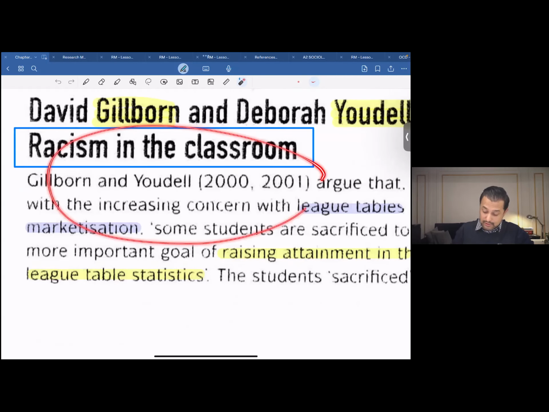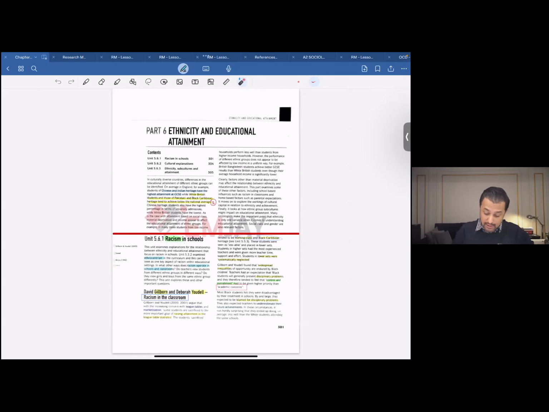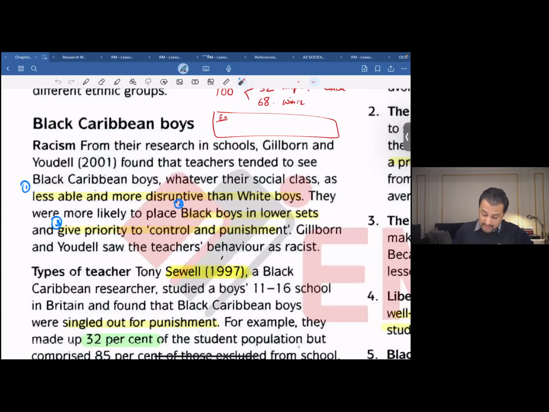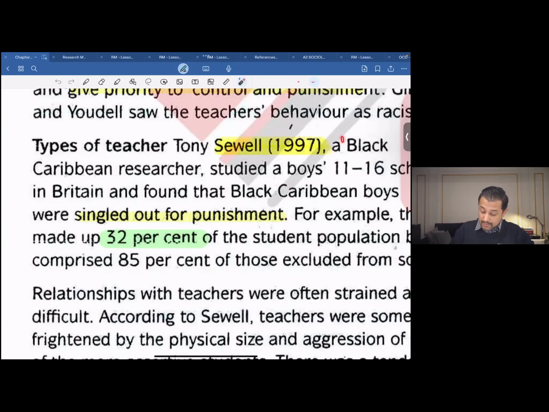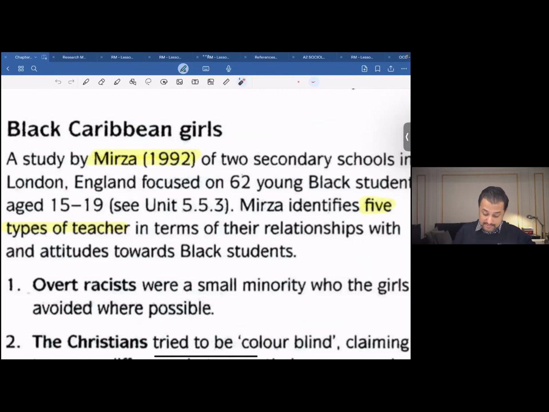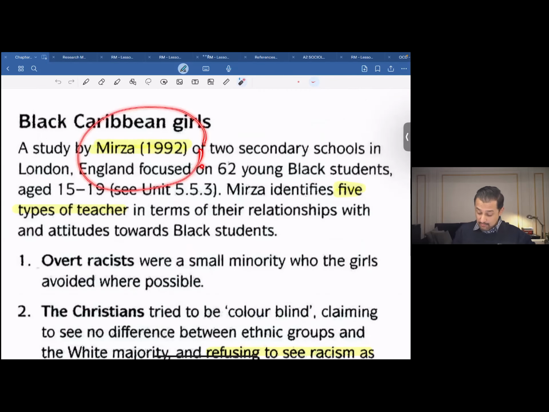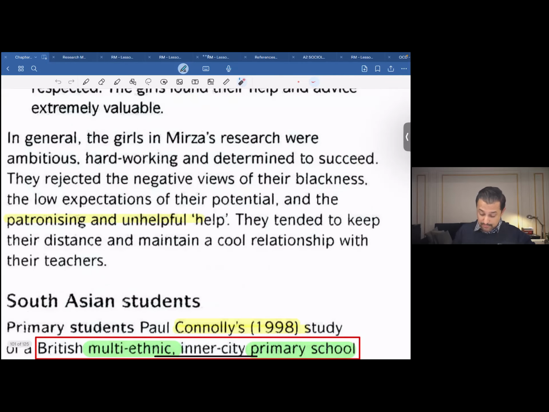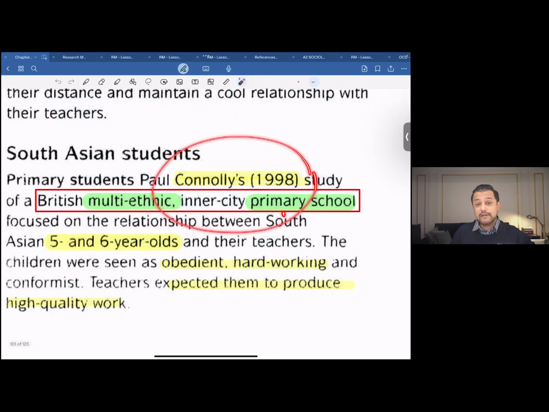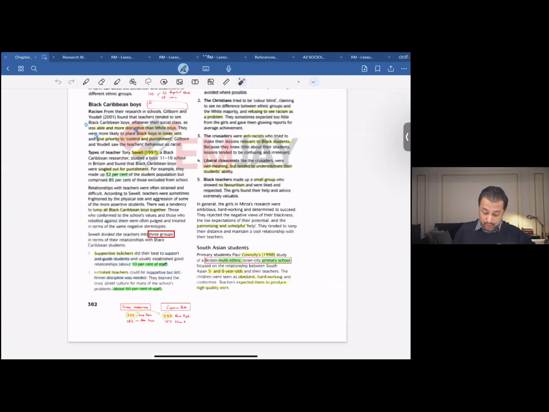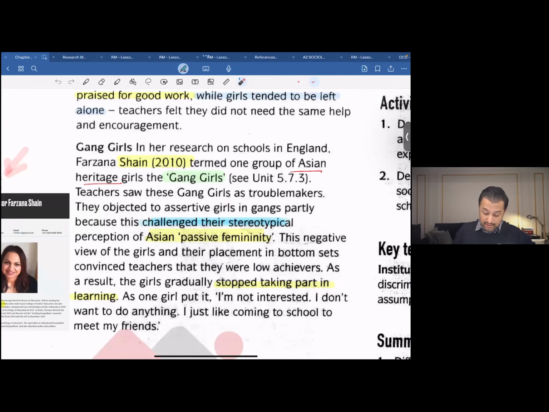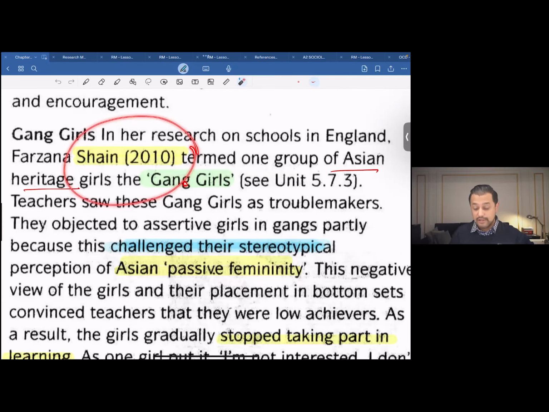Number two, the study conducted by Tony Sewell in 1997. Number three, the study conducted by Heidi Safia Mirza, again in the early 1990s. Number four, the study conducted by Connolly in the late 1990s. And towards the end, we'll discuss the study conducted by Farzana Shain in 2010.